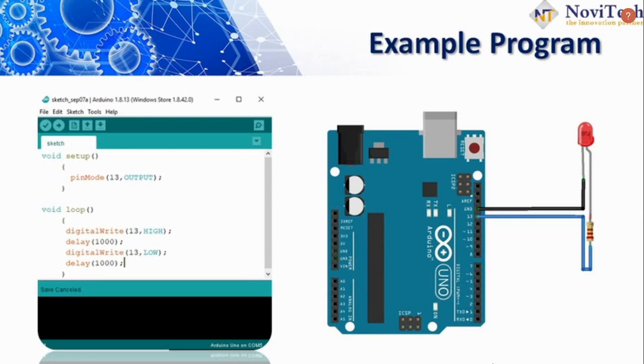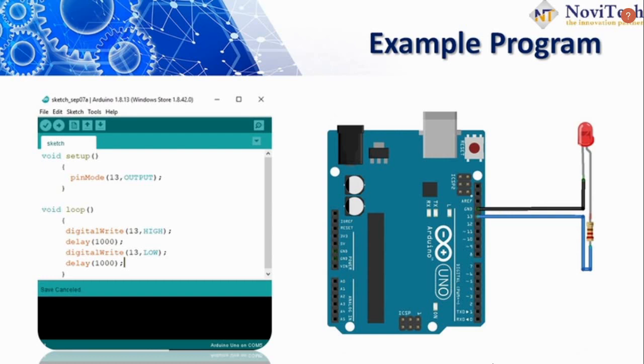Under void setup, we choose the 13th pin for our LED. All the digital pins are bidirectional, where either of the pins can be used as an output or as an input. But we need to set the mode correctly in the void setup column.